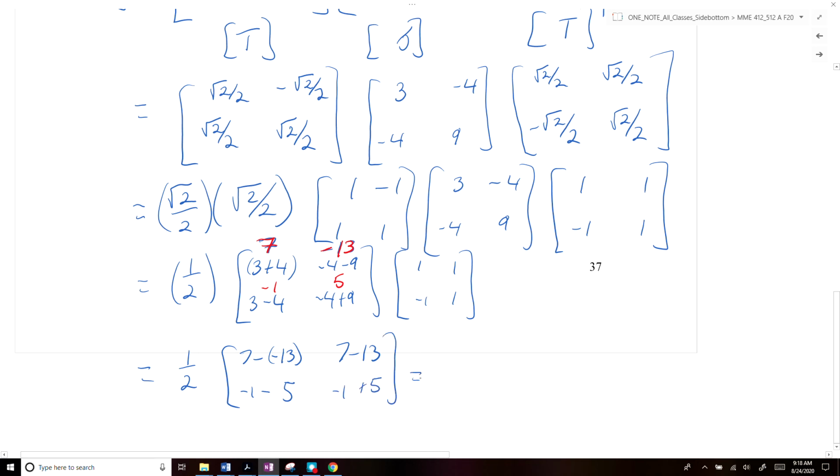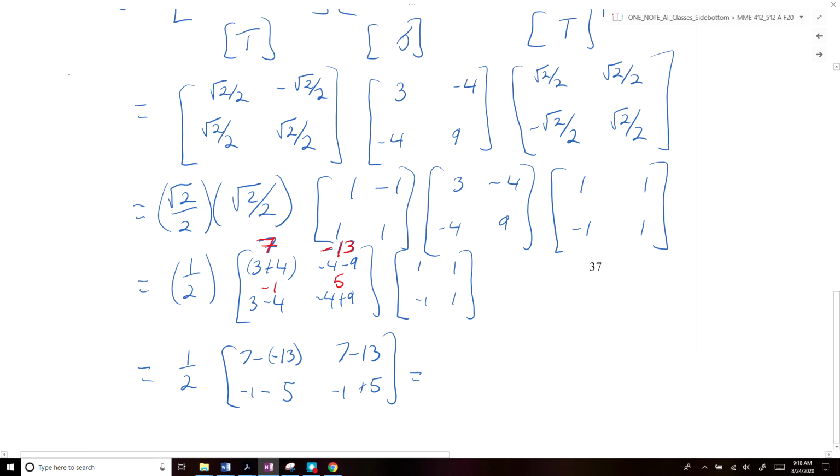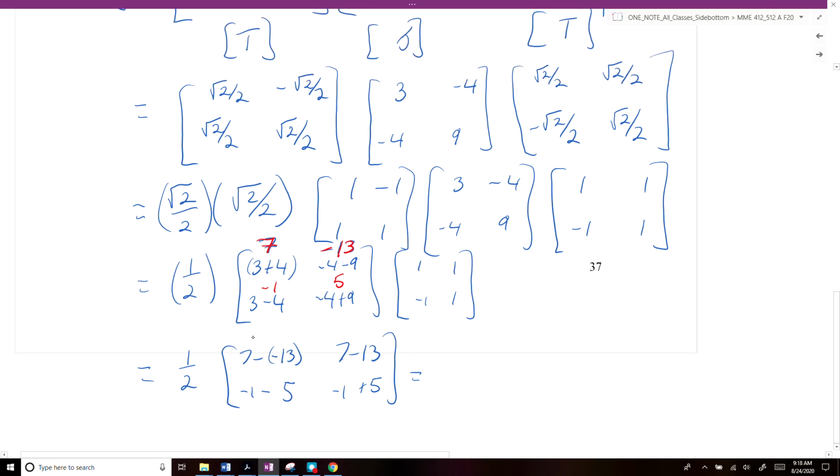Doing all that addition, we end up getting 20, minus 6, minus 6, and plus 4.